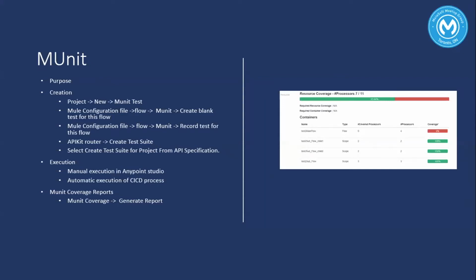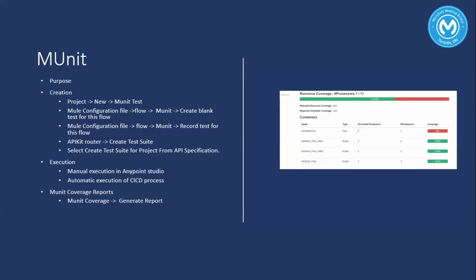It has a lot of features: you can validate, assert, or mock the content and status of the data, and you can use coverage reports as a deliverable also. You can run the MUnit tests either manually or through a CI/CD process.